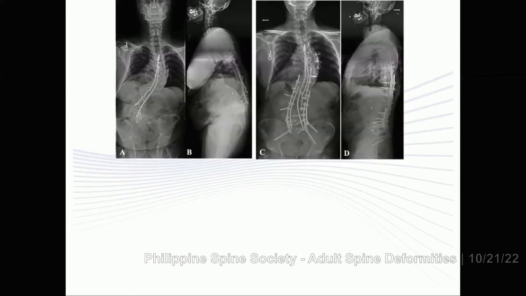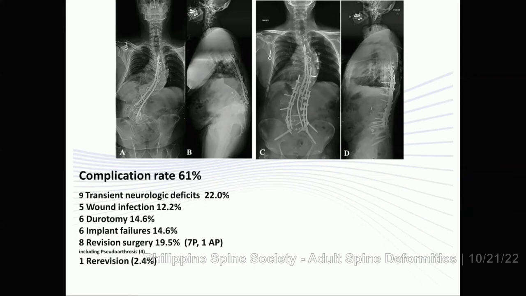Here's an example of one of their patients showing excellent sagittal balance after the treatment. However, they go on to report that the complication rate is 61%. The most common complication encountered was transient neurological deficits in 9 patients, or 22%. What is interesting is that 8 patients had revision surgery, or 19%.